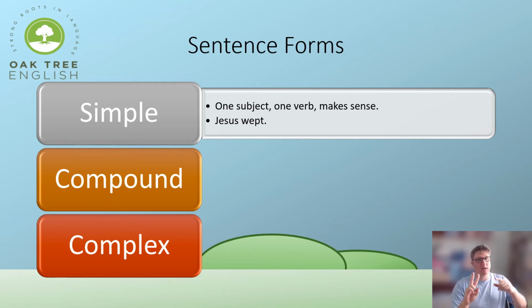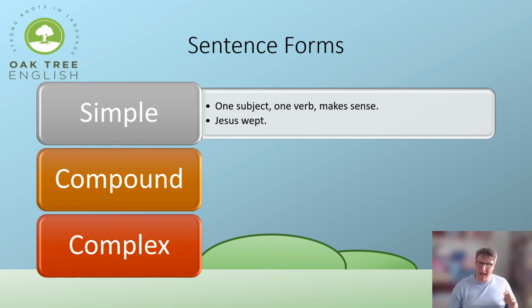You've also got a finite verb, in this case, the past tense. Jesus wept. And therefore, it's a full sentence. It makes sense. He wept because of Lazarus. I'll let you read the story. It's quite cool. It gets better from that point on.